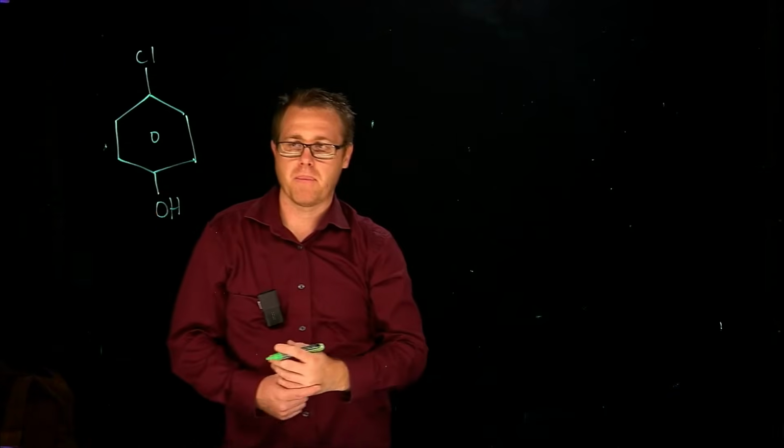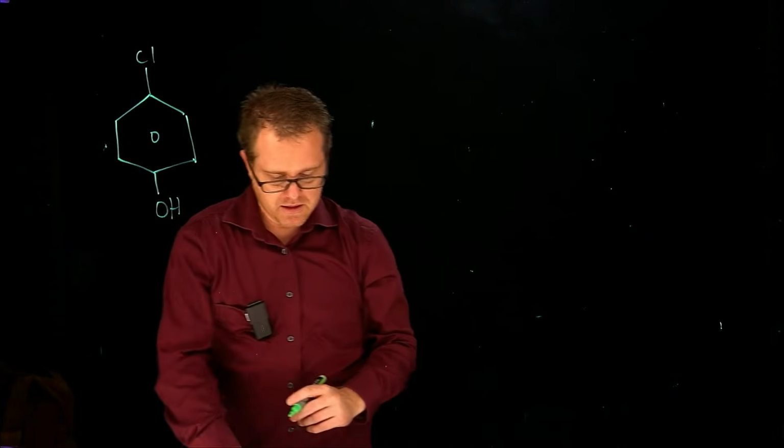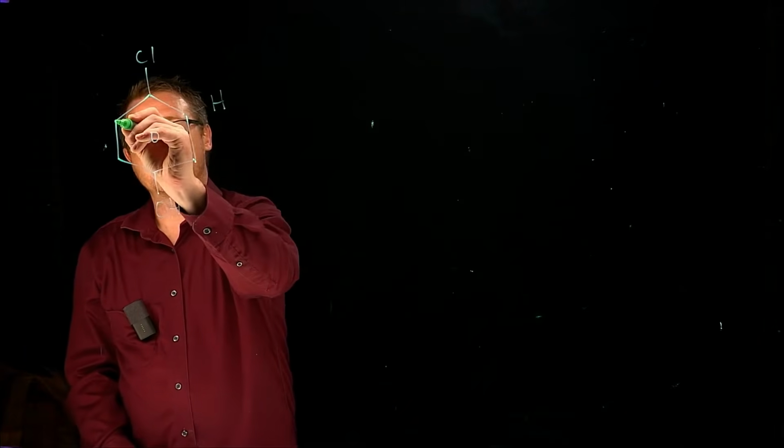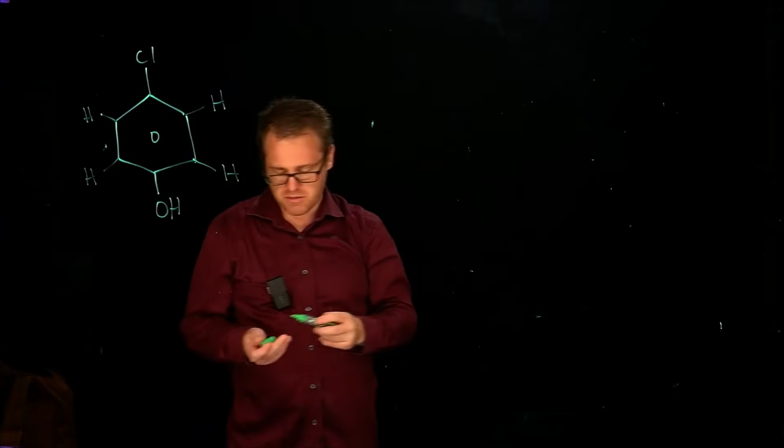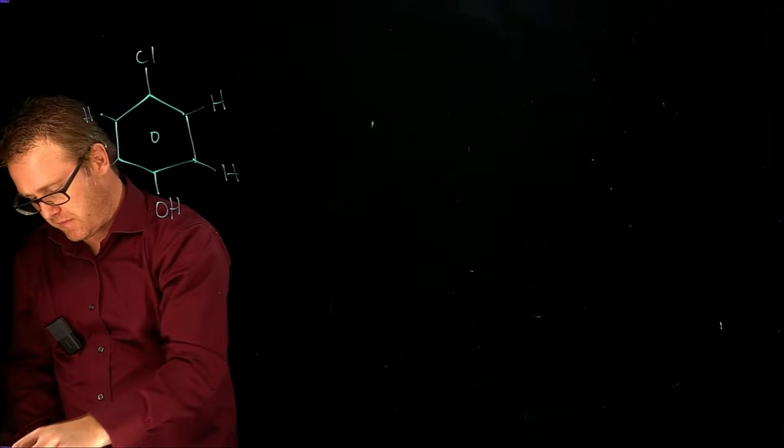Looks like it. What if we put a chlorine there and an alcohol there? We have an H like that. I don't think those markers are coming in very nice.